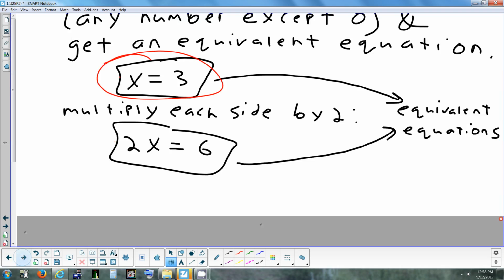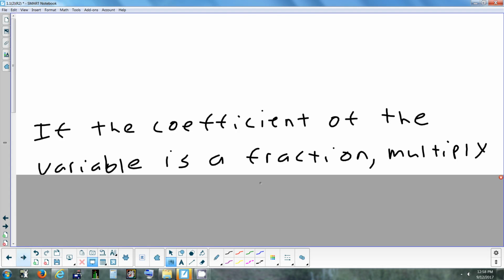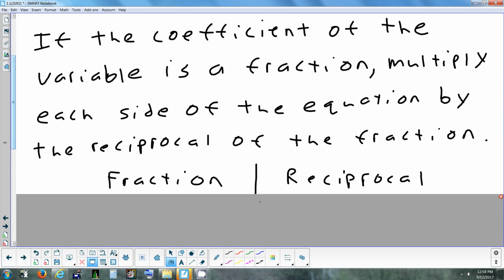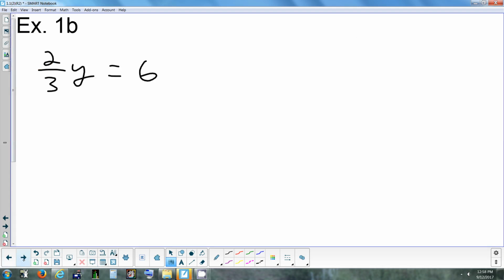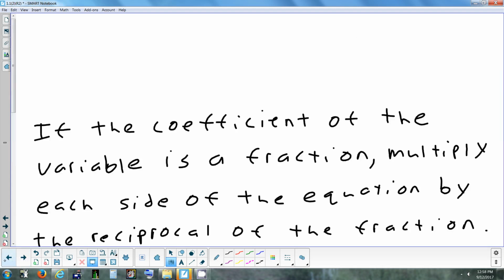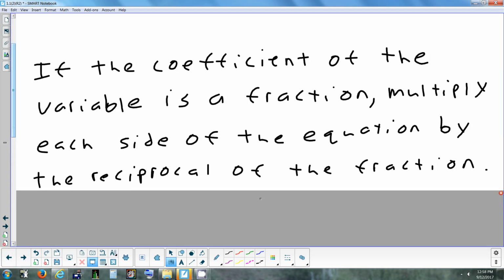Okay, all right, let's look at an example. The first thing we're going to do before we look at an example solving, you guys already did this in the warm-up, is a reciprocal. That's why we did it. If you have a problem where the number in front of y is a fraction, in order to get rid of that fraction, you multiply each side of the equation by the reciprocal.